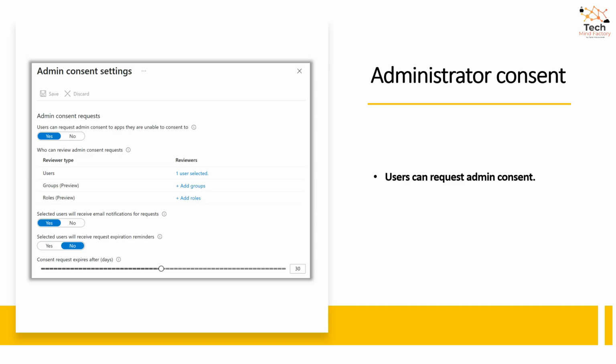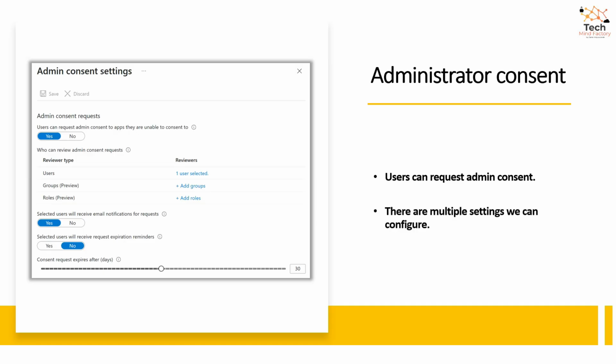And then we can actually indicate who can review admin consent requests. Will it be concrete user or will it be group? So as you can see here, reviewer type can be user, can be group, can be role, right? And obviously, we can also get email notifications, right? And we can set the expiration date for such requests. That's very important, right?